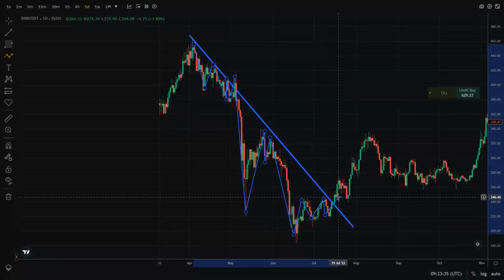That's when the pattern changed from a downtrend to an uptrend. So you can see the importance of these trend lines.